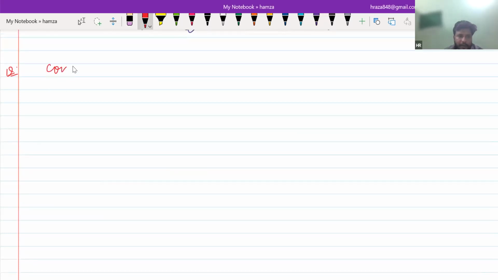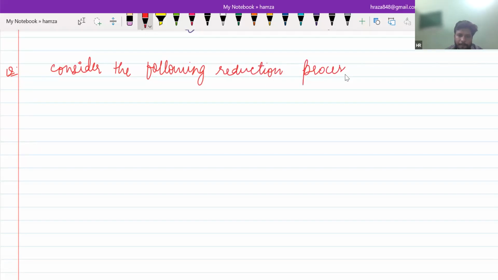Consider the following reduction process. Zn2+ plus 2 electron will give Zn solid.